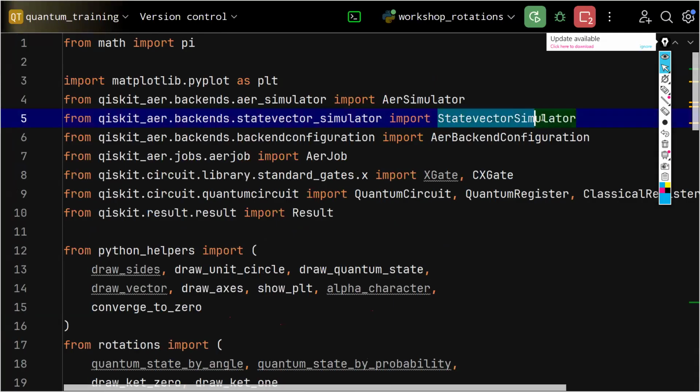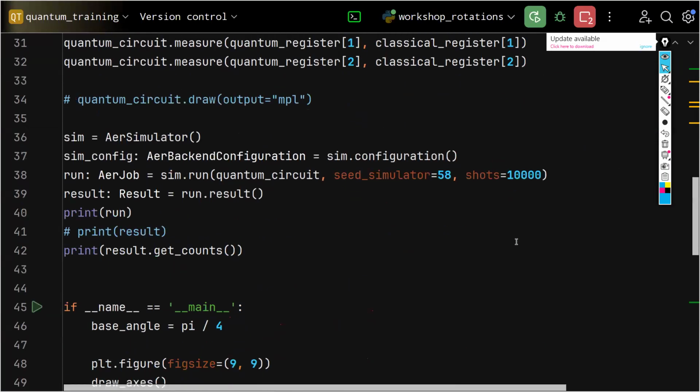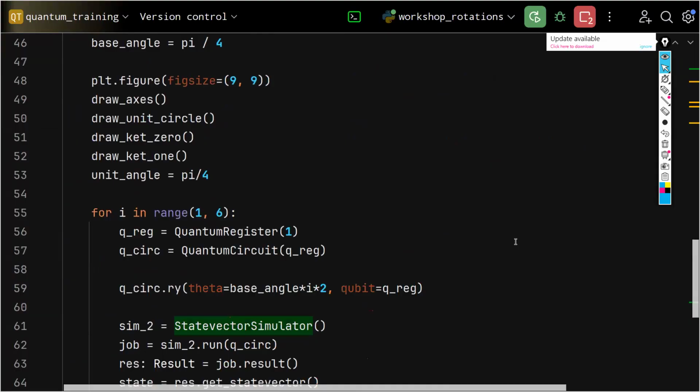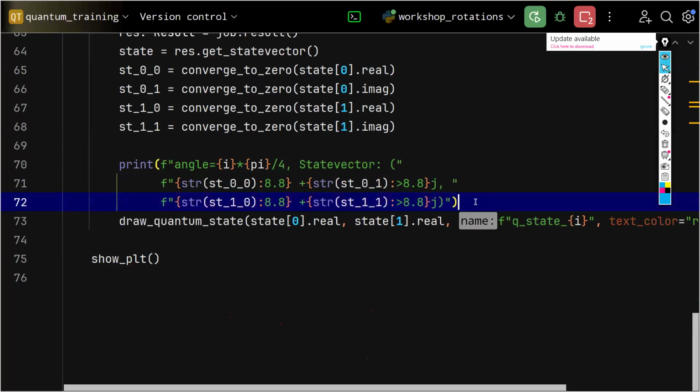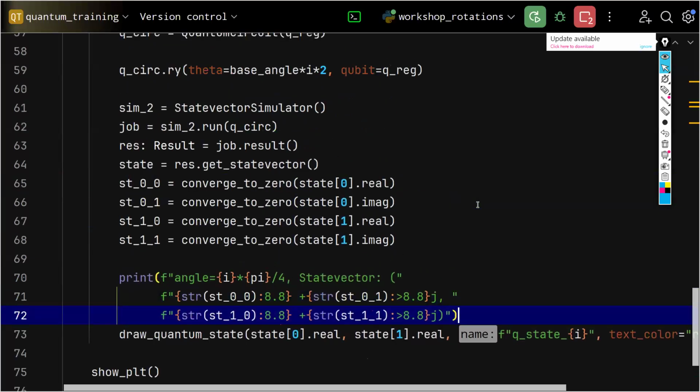For example, you have something that is called the state vector simulator, and what it does at its core is doing exactly what we do manually in code: performing these rotation operations and showing, for example, that after I apply the H gate to state 0, I get a plus state.